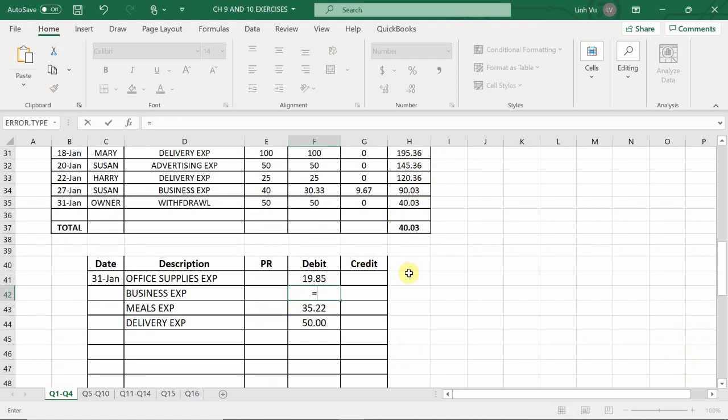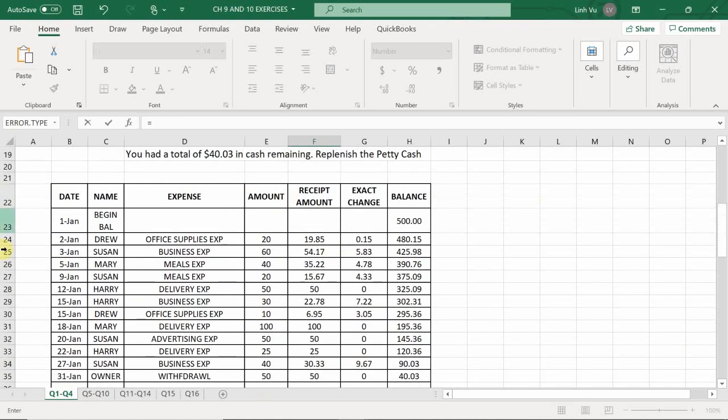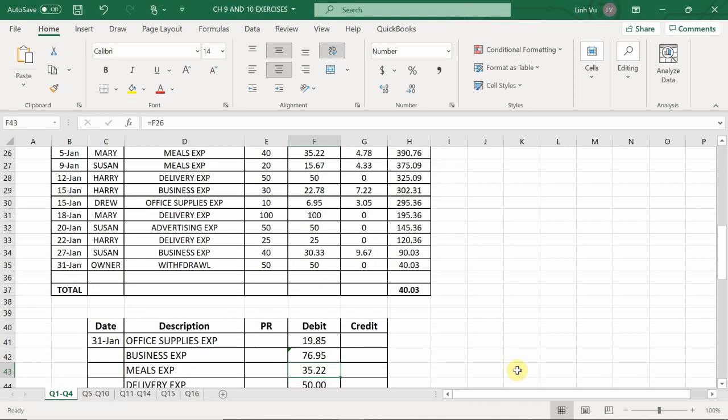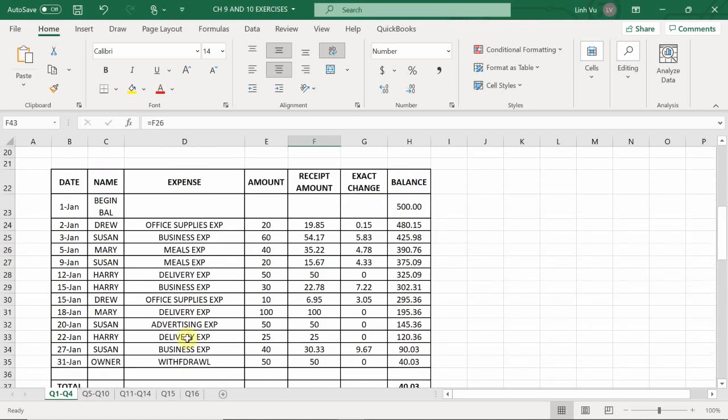In this case, we need to add this together because this was considered a business expense. So here, 54 plus the business expense of $22.78. Therefore, I get a grand total of $76.95. Okay. All right, so then let's see what happens next.